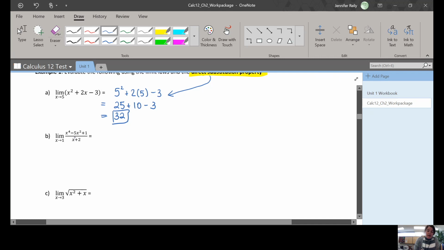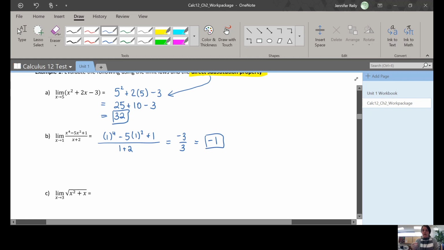Here we have a rational function, so we can try plugging in 1 and see what happens. So 5 times 1 squared plus 1 all over 1 plus 2. So we get negative 3 over 3. No problems with that. We're not dividing by 0 or anything. Negative 1.